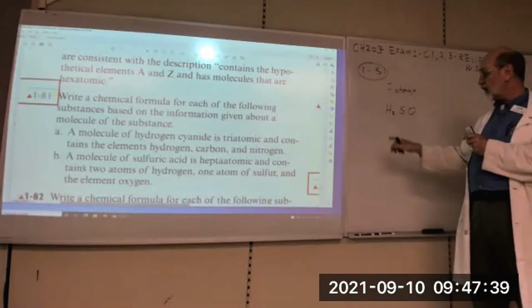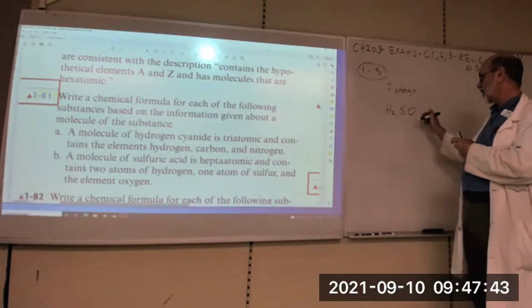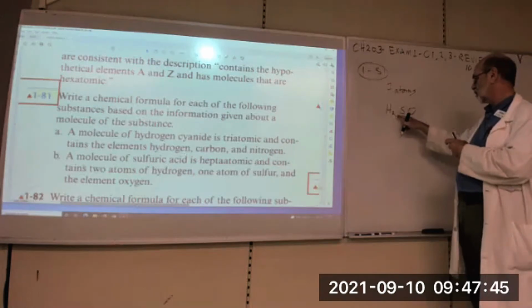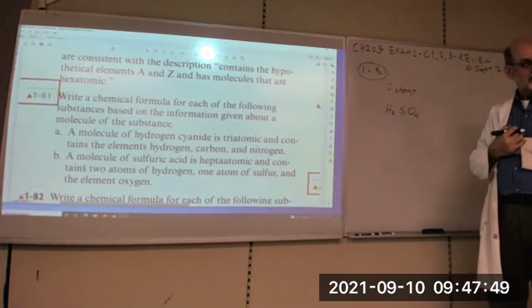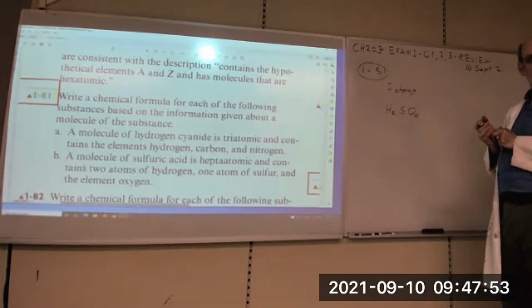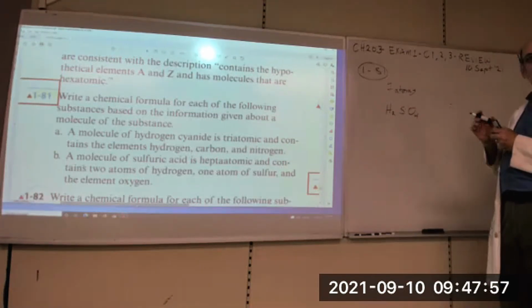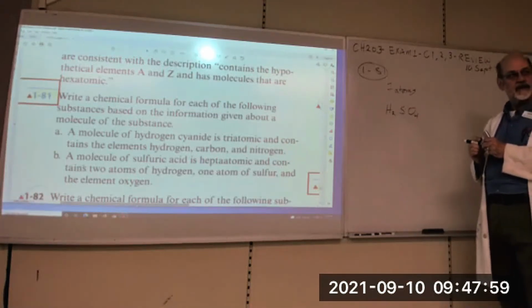It told you that you've got 2 of these, 1 of those, and 7 total. So that means 1, 2, 3, and 4 more. So it just wanted you to figure out the atoms of oxygen. Use the statement to fill it in.